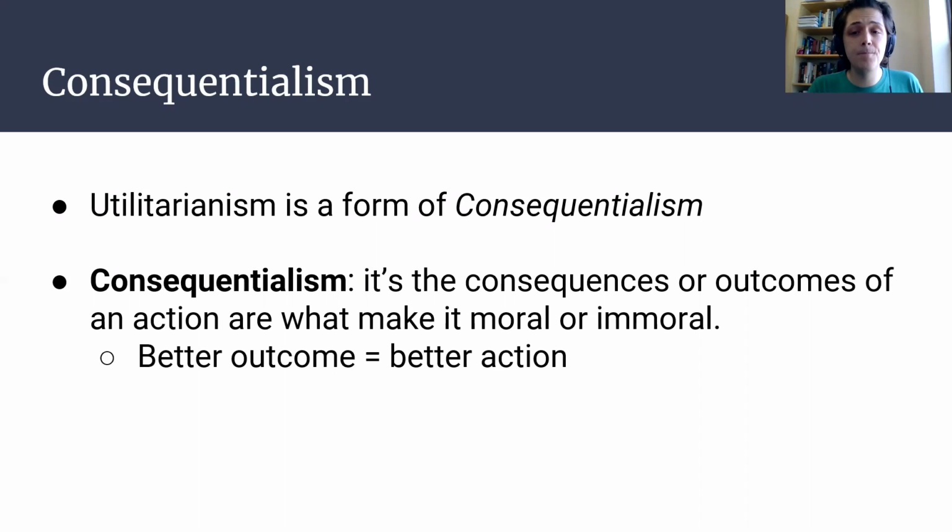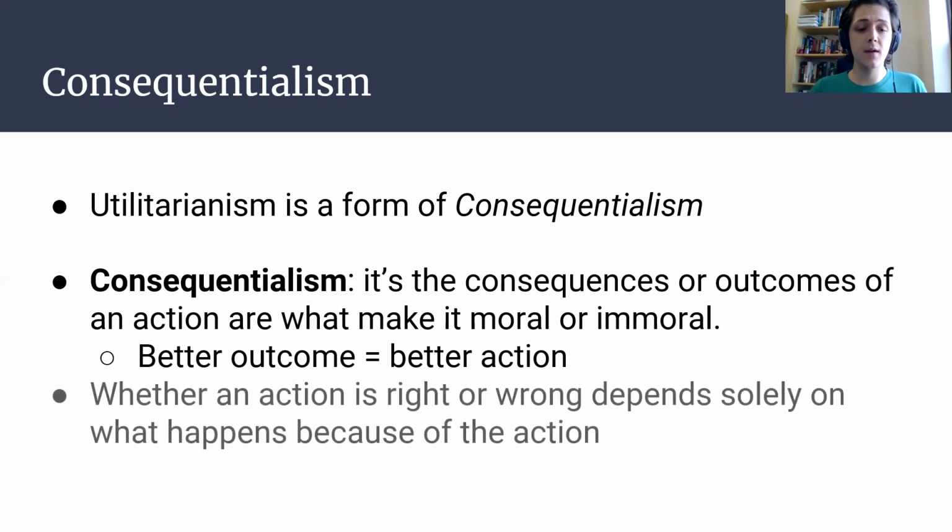So better outcome, better effects on the world means better action automatically. So what rules it violated or what rules it obeyed doesn't matter. No worries here about what rules we're following.